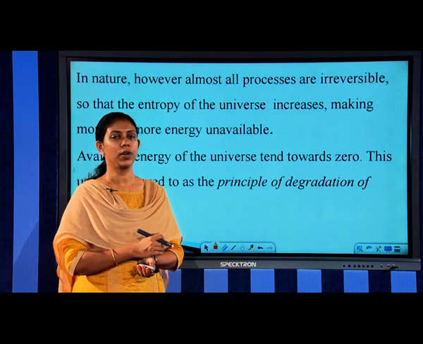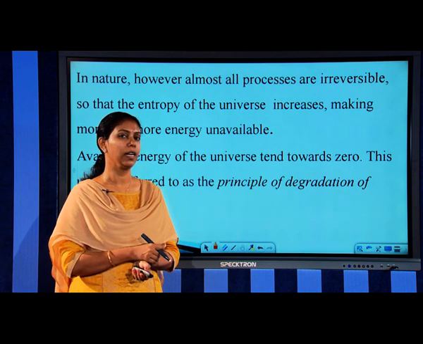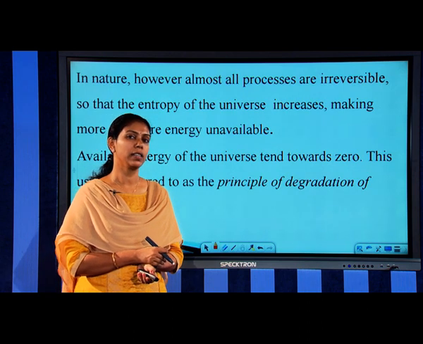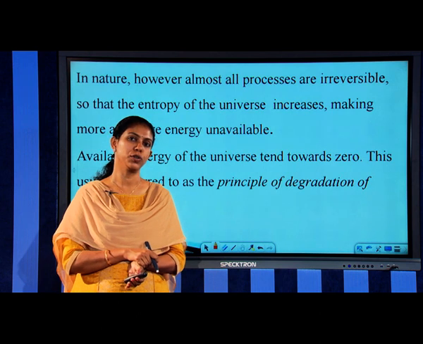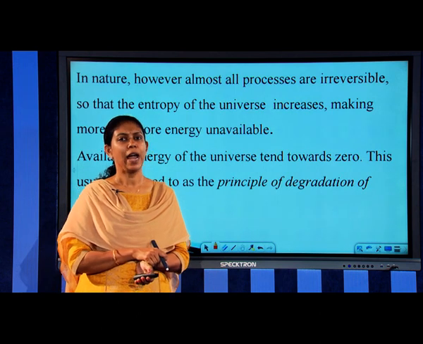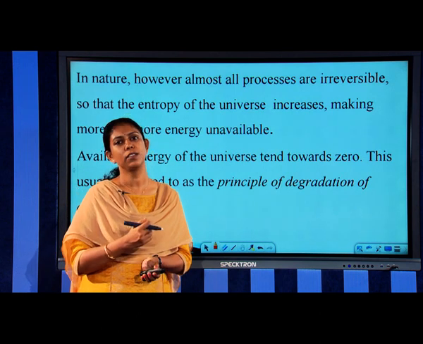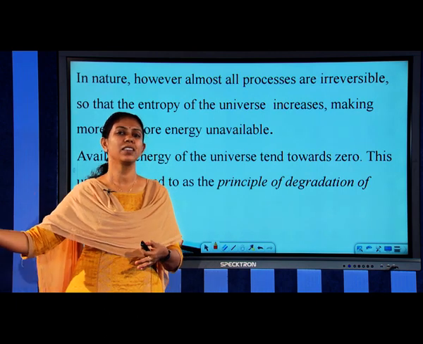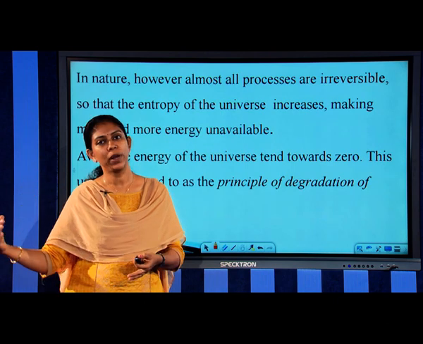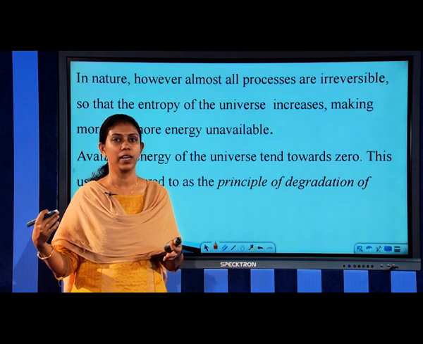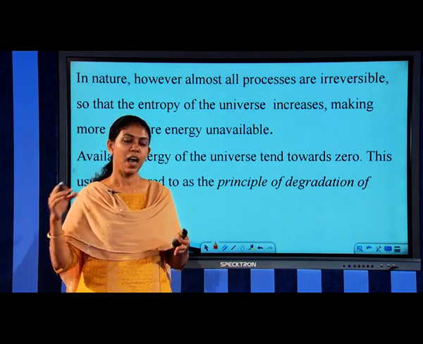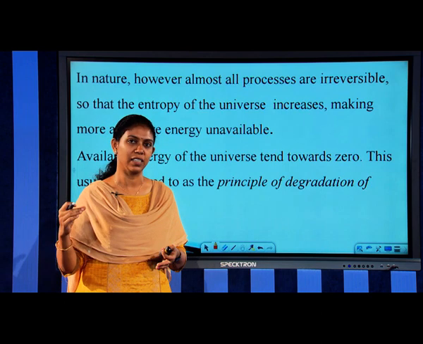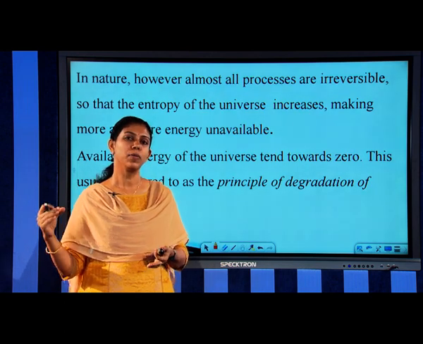From the previous equation we get that loss of available energy is directly proportional to gain in entropy. As entropy of the universe increases, loss of available energy increases, that means available energy decreases. That is called the principle of degradation of energy.